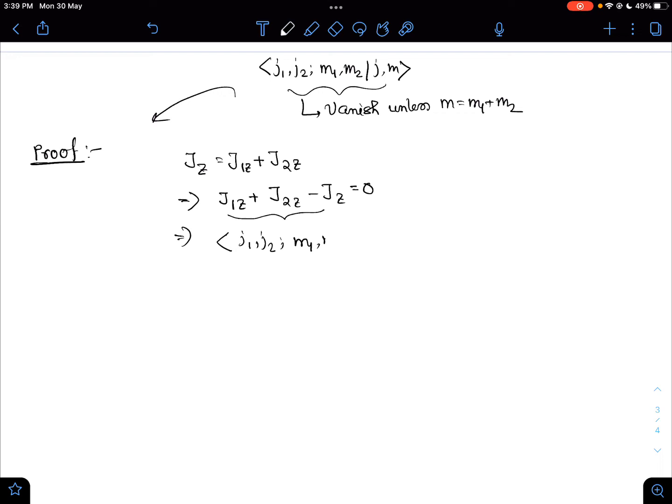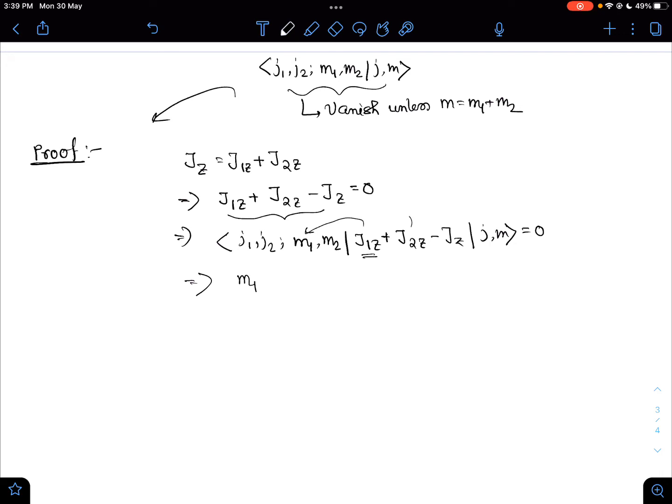J1z plus J2z minus Jz acting on |J1, J2, m1, m2; J, m>. So what will this do? This will operate on this and give us the value m1.